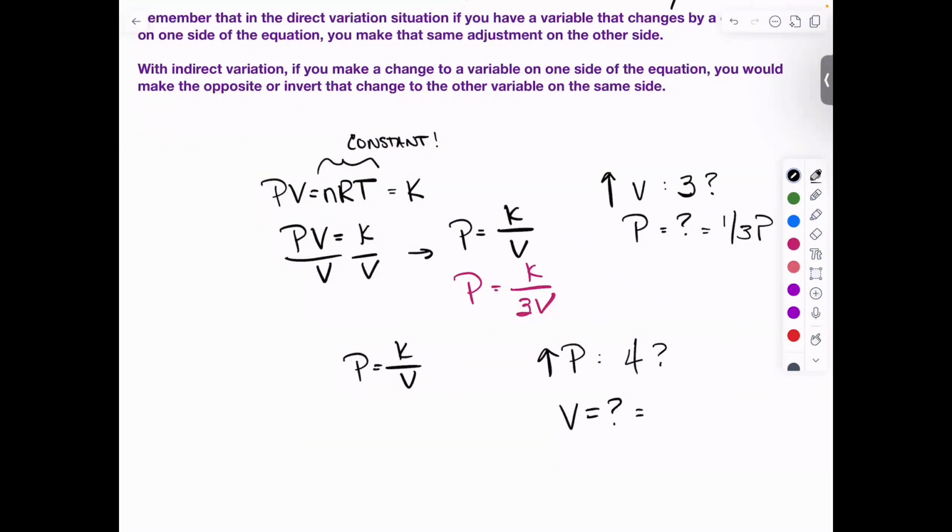All right, so 4 times P equals K times V. And we know this is an inverse situation. So we can know right away if we increase P by a factor of 4, we would decrease it by a factor of 4 on the volume side. So 1/4 V. You can write it numerically. You can just say it's 1/4. In the previous problem, you could say it's 1/3.